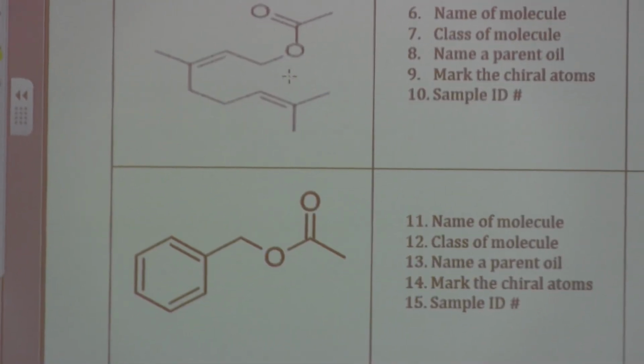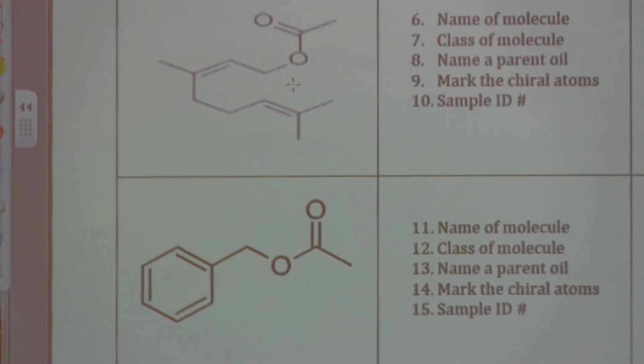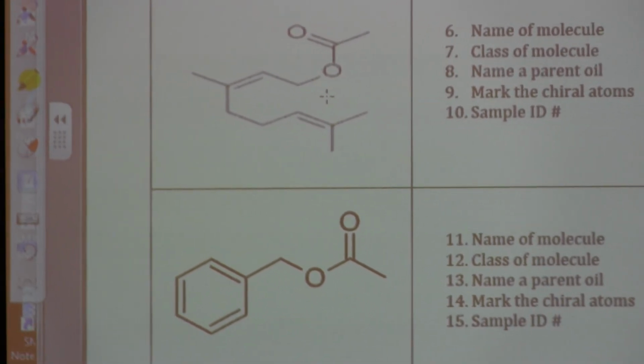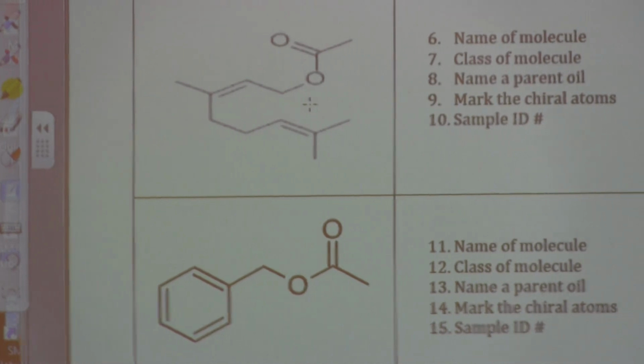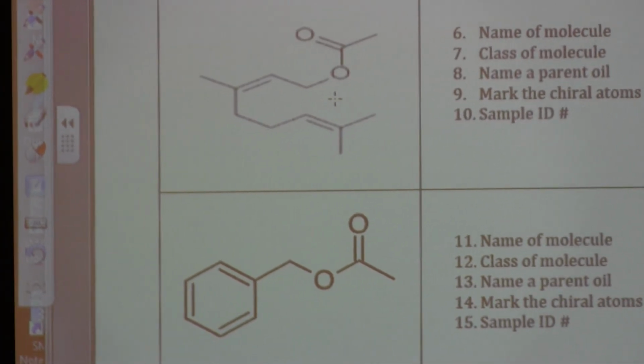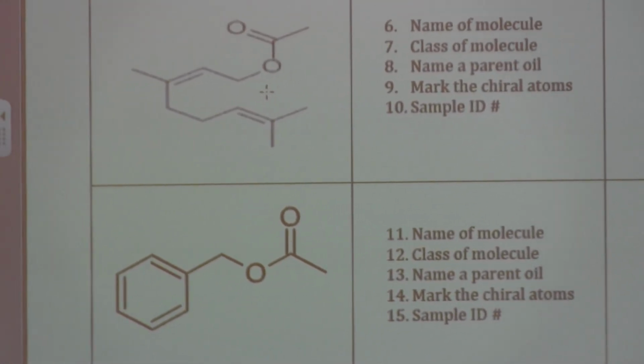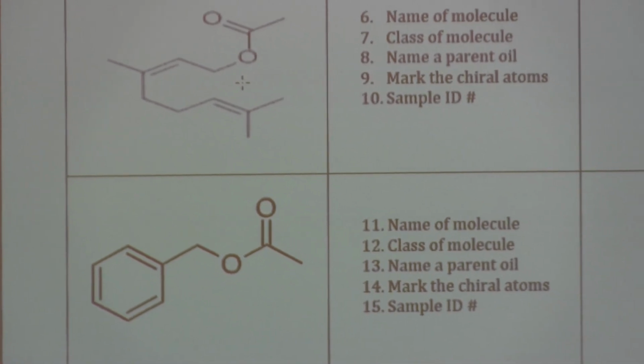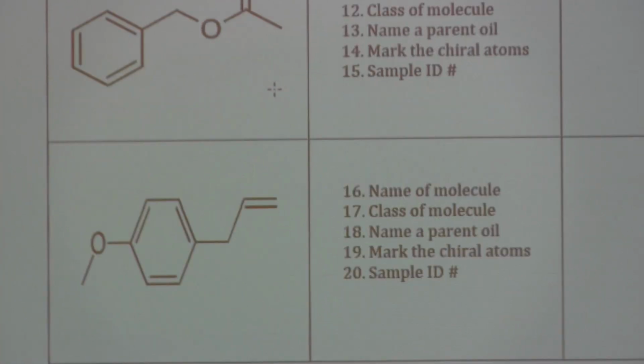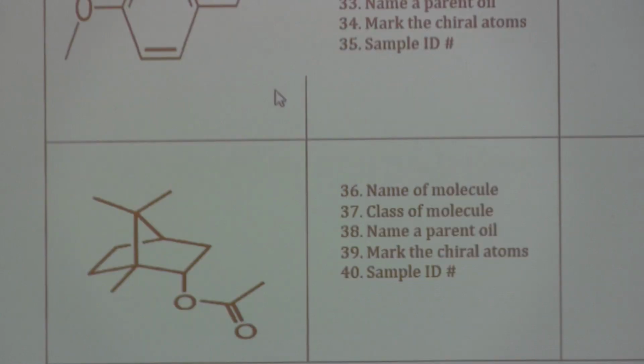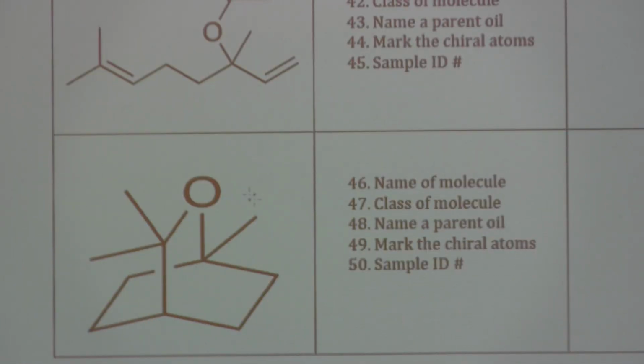Okay. This one obviously is what? Now, you have two that looked similar, right? You had this one and you had linalyl acetate. The key difference is that linalyl acetate, which is this one, doesn't have any cis-trans isomers.